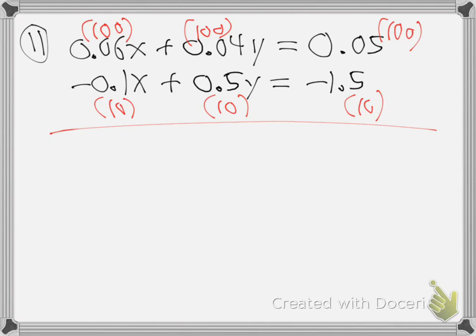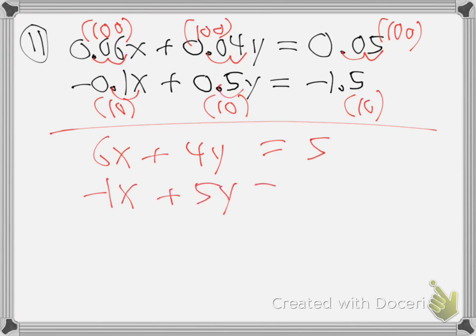This will become 6x, 4y, 5. The next equation will move 1 place: minus 1x, 5y, negative 15. Much cleaner, huh? No more decimals.